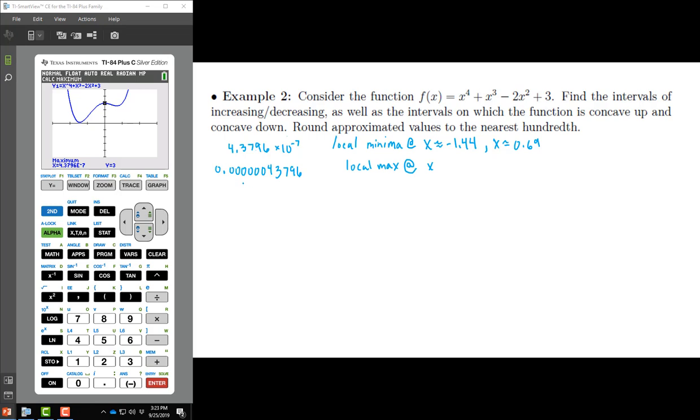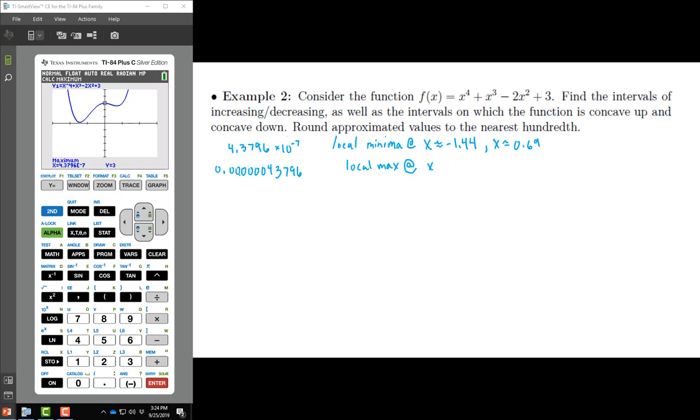In fact, it's safe to assume that it actually is 0, because the calculator goes through an algorithm to find the maximum, and it is an approximate algorithm. So it's using approximations, and sometimes it doesn't quite land exactly on the true local max, but look how close it is.